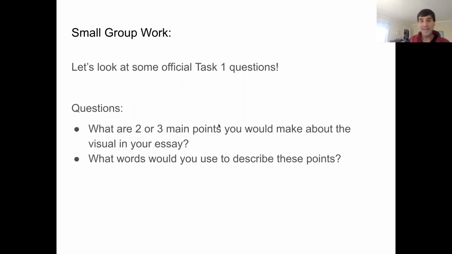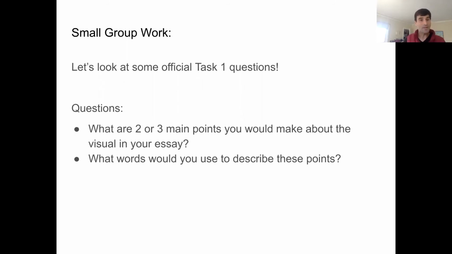What are the key points on the bar chart here that you would want to write about, especially the details that you would write about in paragraphs 3 or potentially 4 if you have 2 detail paragraphs? But then also, of course, these 2 or 3 things that you find most significant would be the things that you need to describe generally in your second paragraph, your overview paragraph for your response, right?